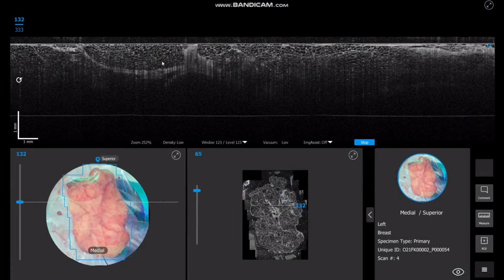Perhaps we're going to now see a video of the image assist, which I can talk you through. So here's an example of the sort of pictures that one will see with image assist and the optical coherence tomography. At the top, you can see the scan, the OCT. Bottom left, and also bottom right, you can see the picture of the specimen that's been taken.